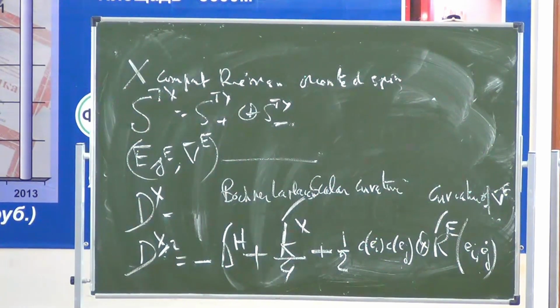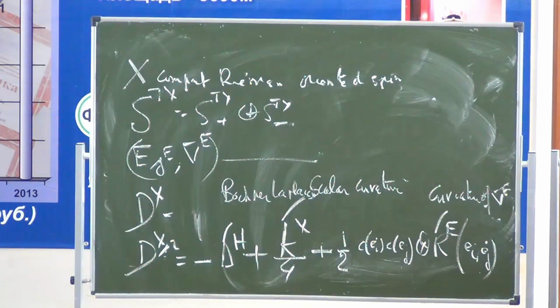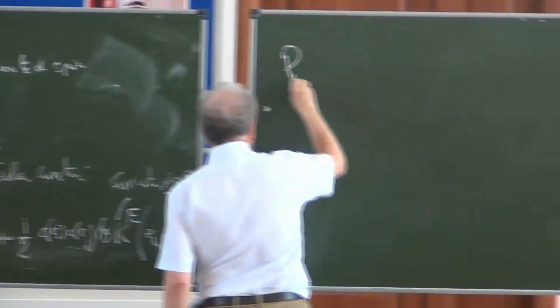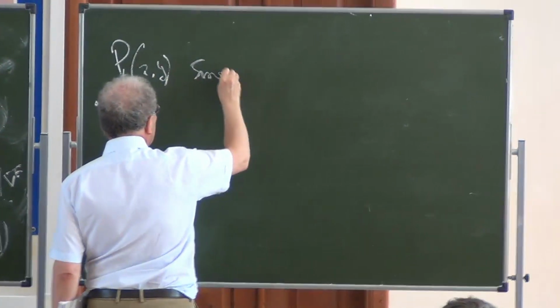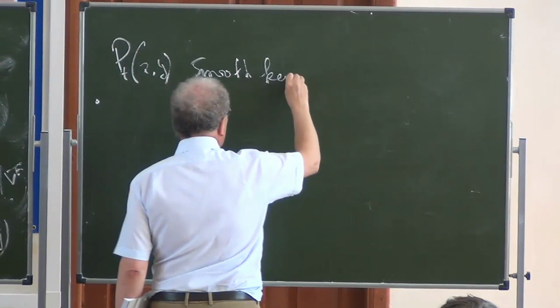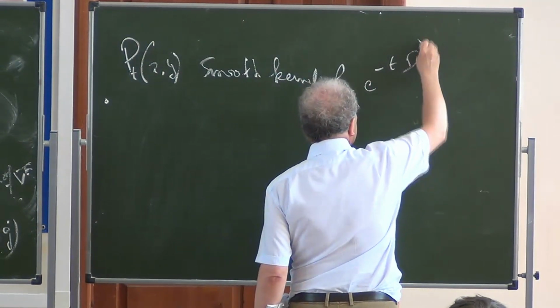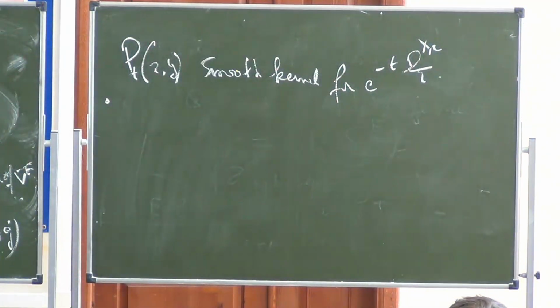So I call, for t positive, p_t(x, y) the smooth kernel for exponential of minus t D^X squared over 2. Maybe I will put the factor over 2 here for convenience.